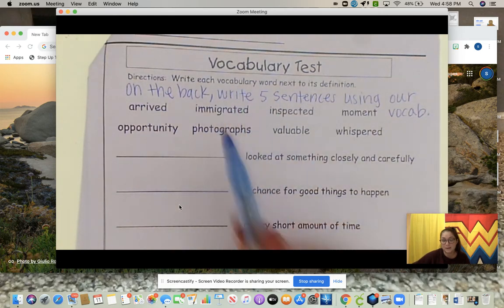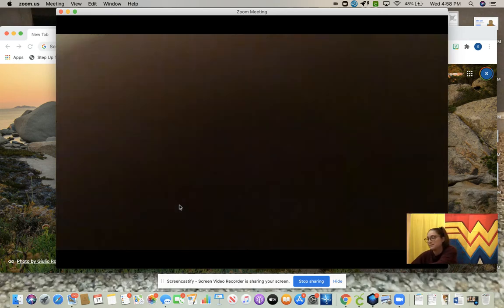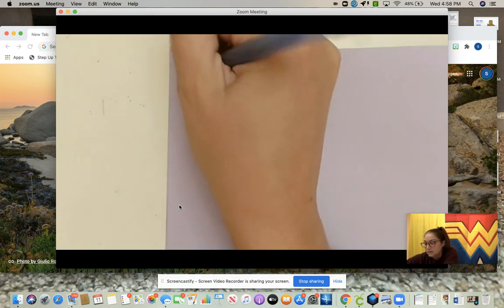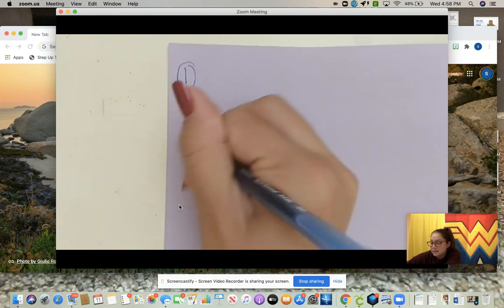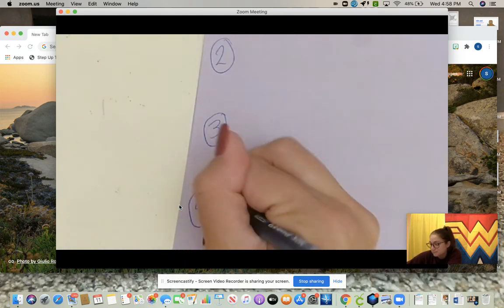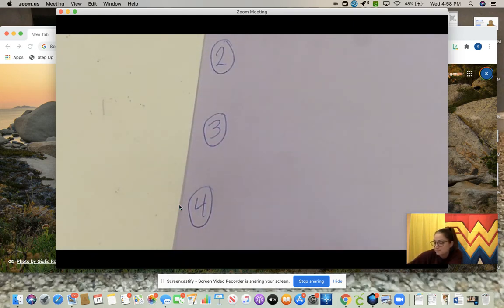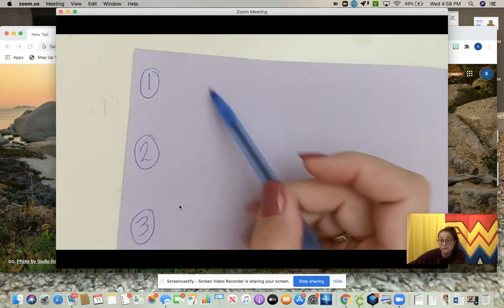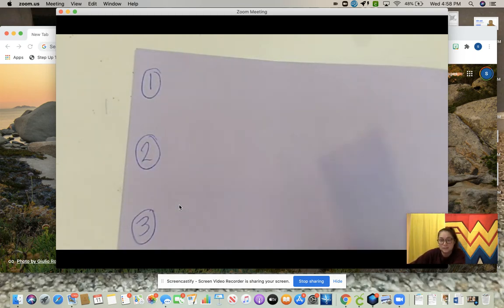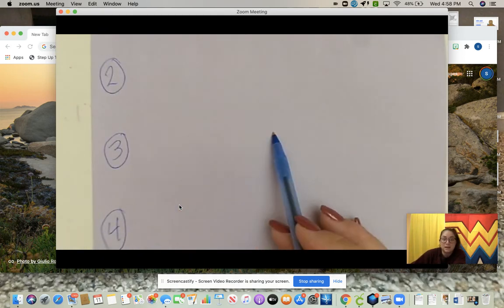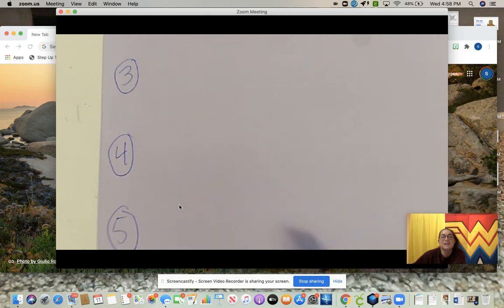Okay, so write this down. I'm going to flip it over, pause it. What I mean by that is on the back, I want you to write 5 sentences. So number 1, choose one of those vocabulary words. Use that word in a sentence. Choose another vocabulary word. Write it in a sentence. Another, another, and another. Okay?